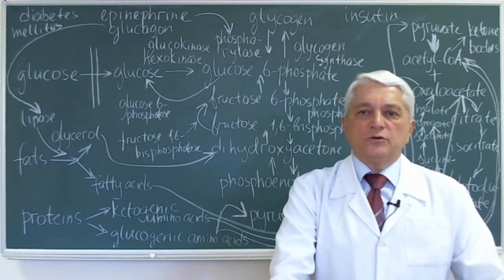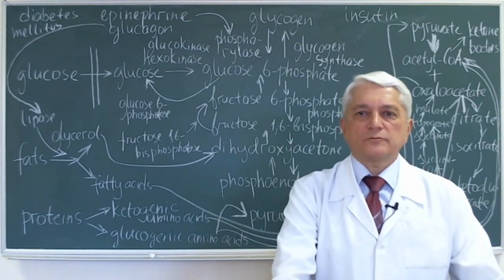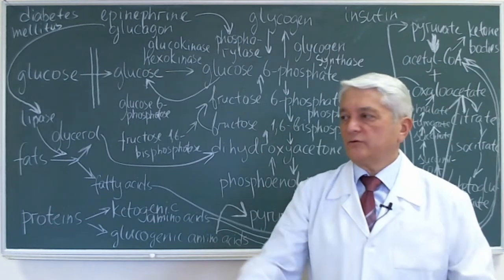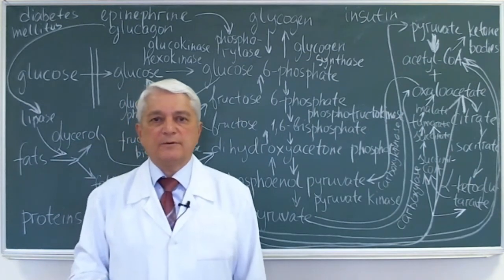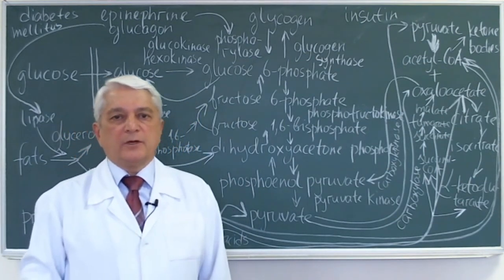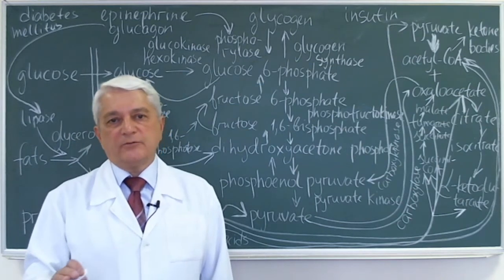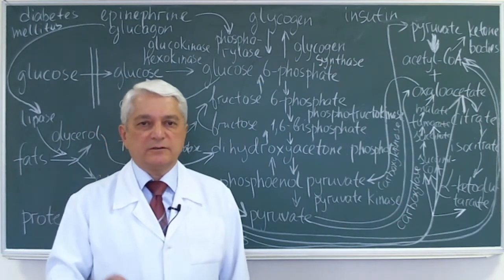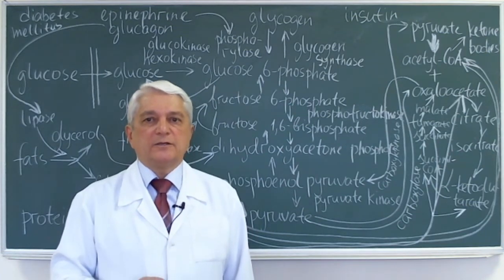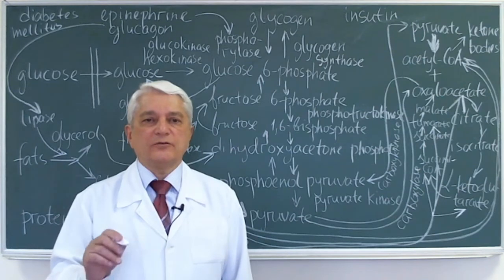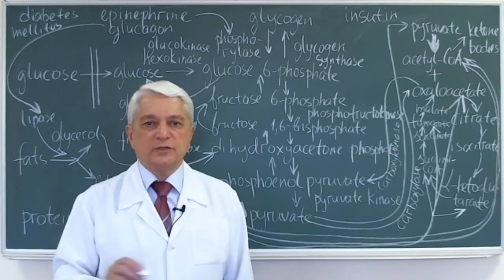Why is insulin so important? Because it influences some enzymes of the processes that we have on our drawing. Let's write somewhere on a separate place a sentence that I tell you and then make some marks here.